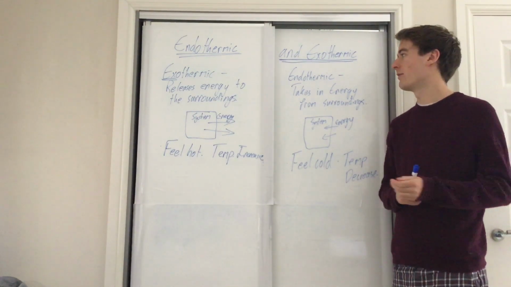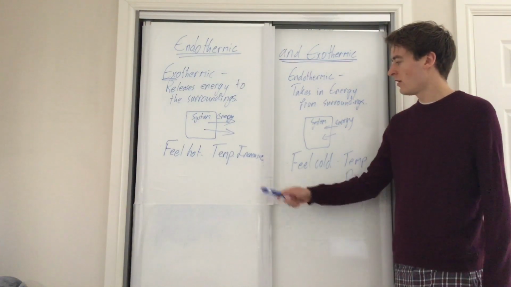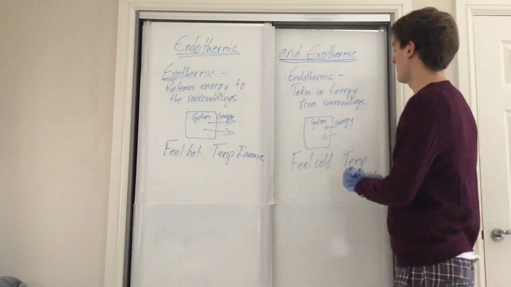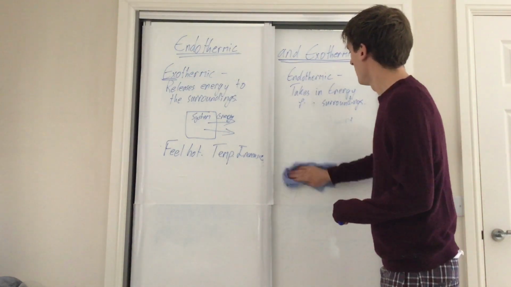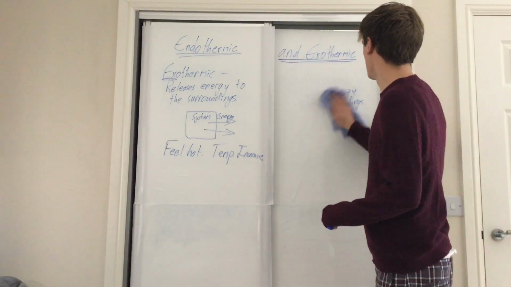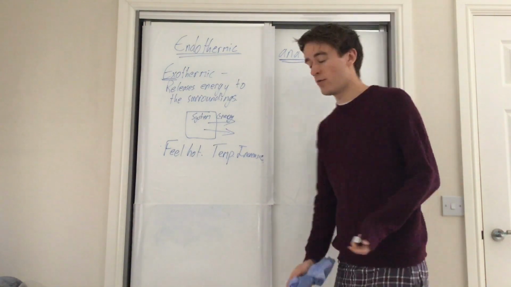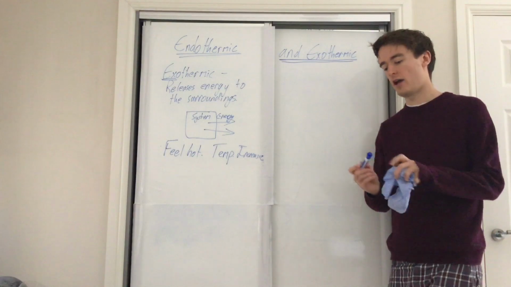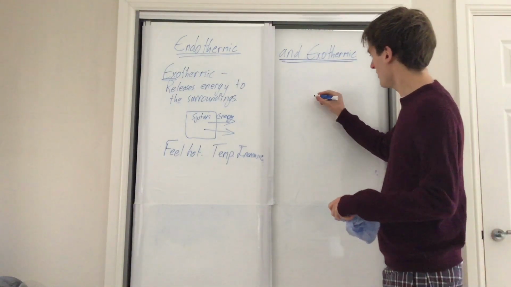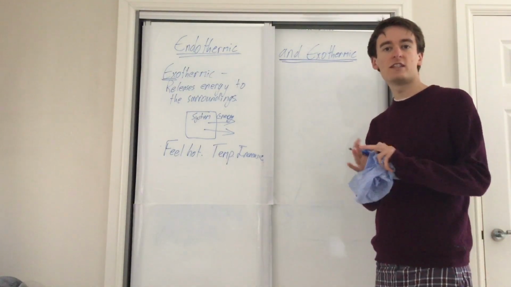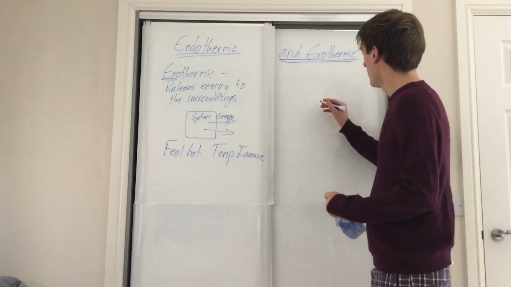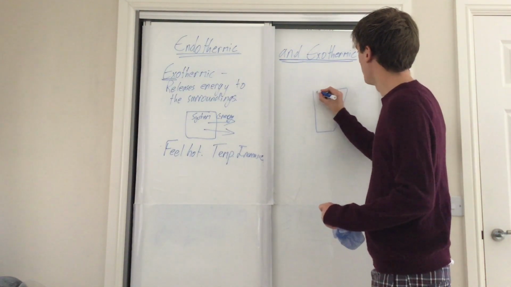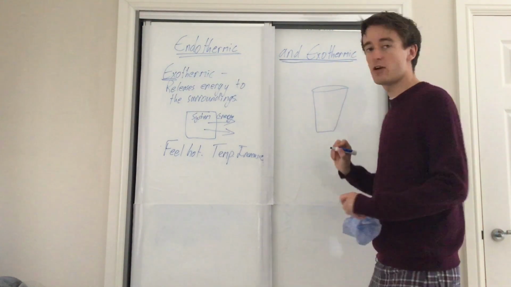That's all exothermic. So the final thing we need to look at is how we are going to measure these different reactions and how we're going to identify a reaction as either endo or exothermic. So typically in a kind of GCSE setting in the lab, we're going to be looking at setting up a calorimeter with a polystyrene cup.